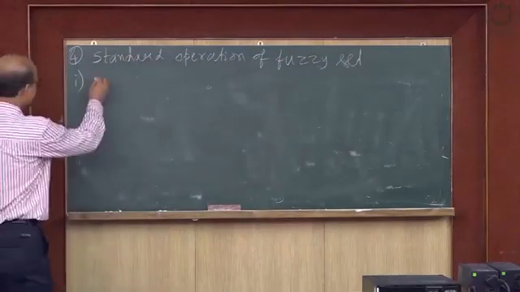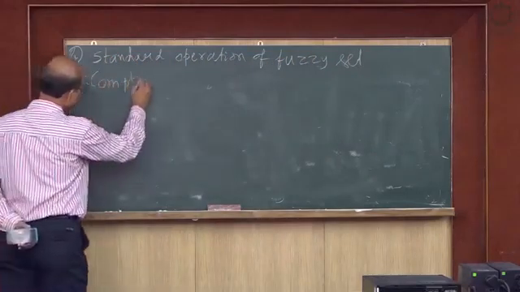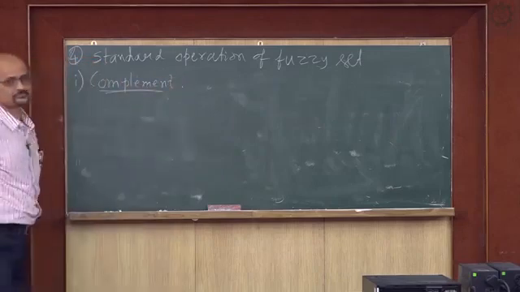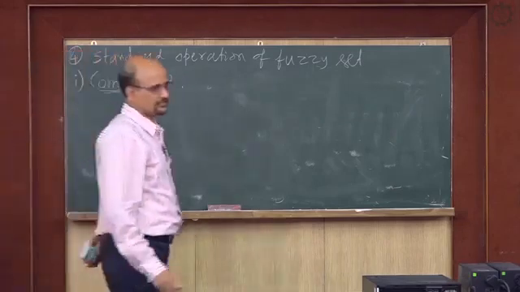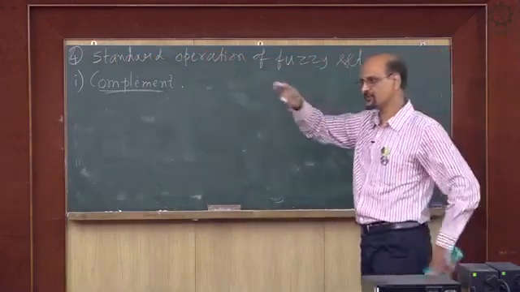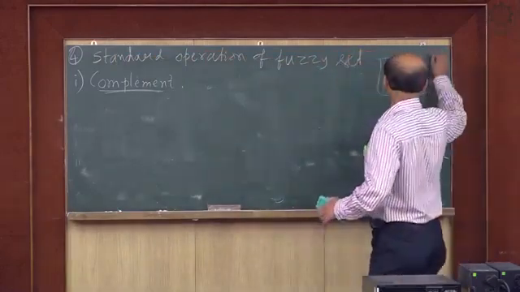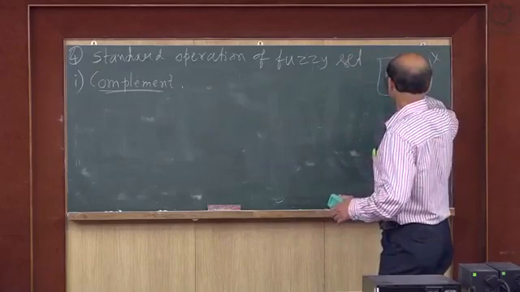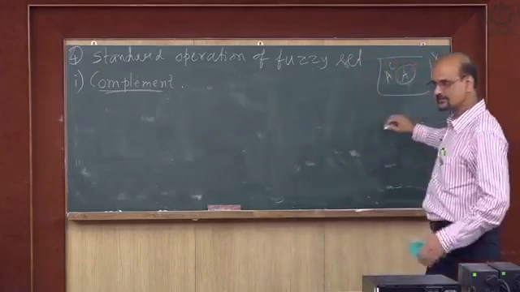First one, let us have complement. We know in classical set theory, if you have a set A inside X, the complement is everything outside it, in crisp set theory.